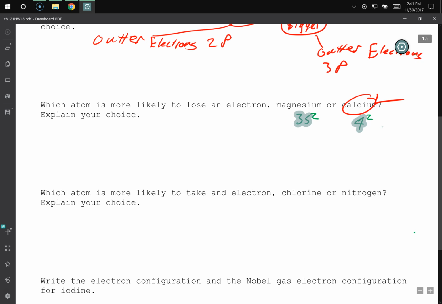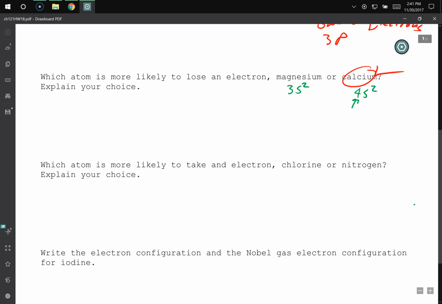I messed that up. All right. Oh, that's right. 3s2, and then the last electron here is 4s2. So this is one energy level further away from the nucleus. So the further the electrons get from the nucleus, what happens to the ability of the nucleus to hold on to those? Less. So farther away.